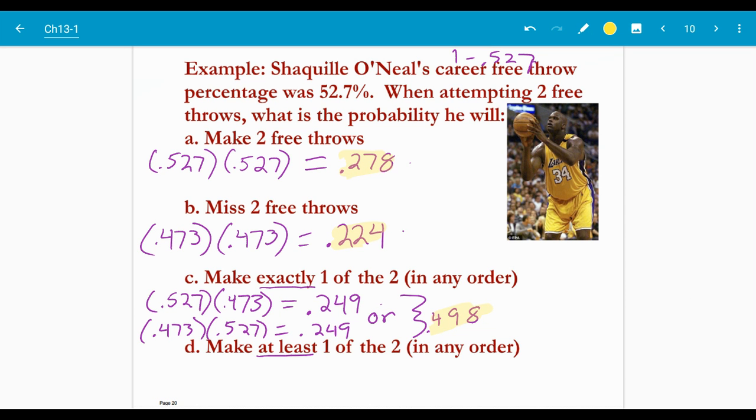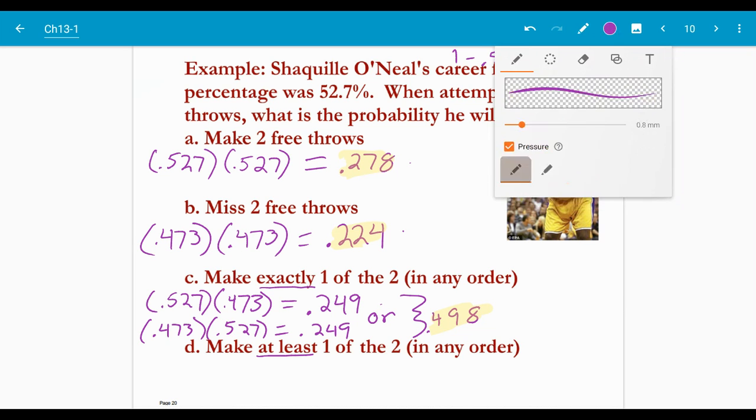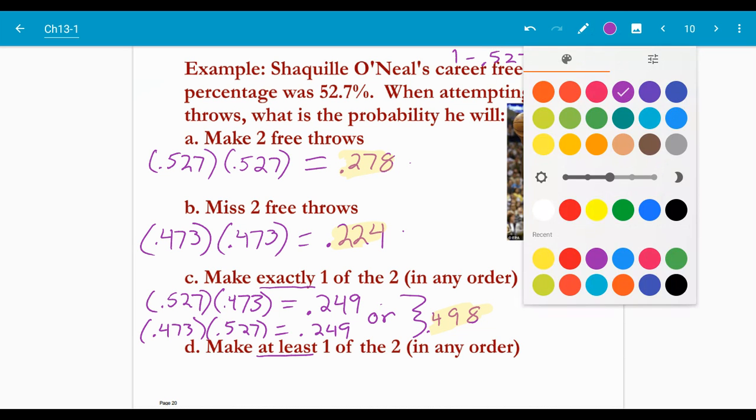And we could have also obtained this answer in letter C by subtracting away our two answers in A and B. If we had done 1 minus 0.278 minus 0.224, there's our answer of 0.498. We probably could have done this from the very beginning, but let's look at everything that's possible.